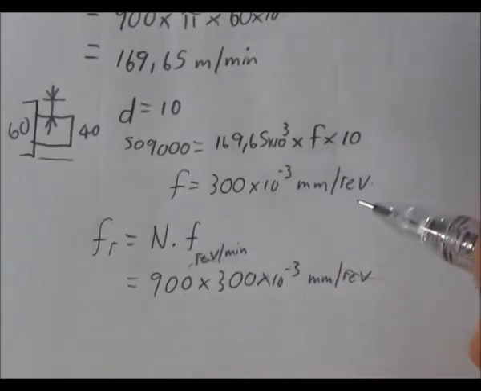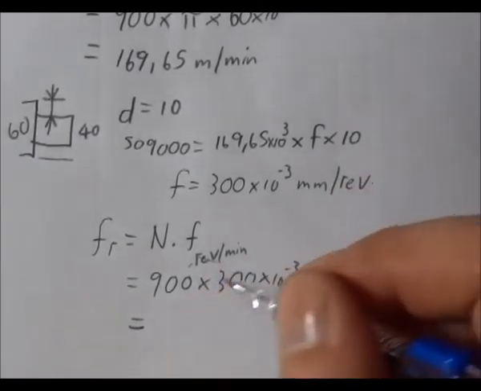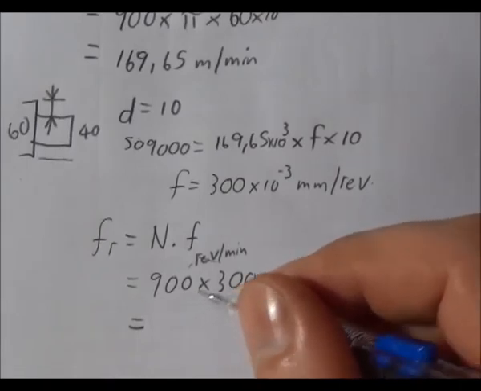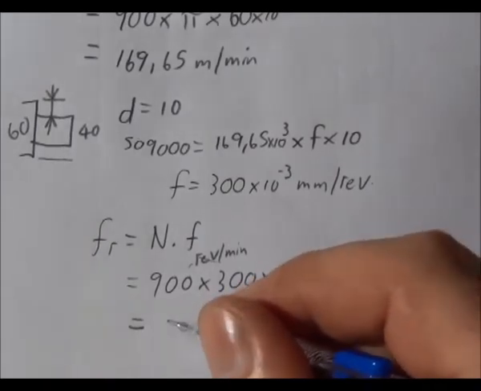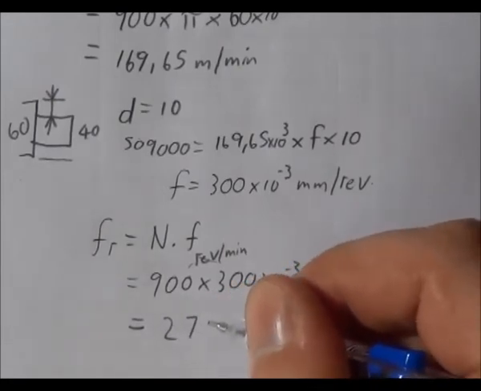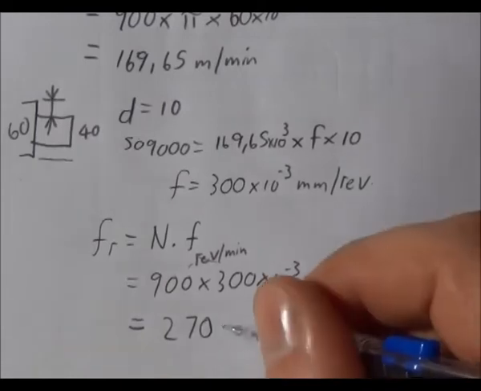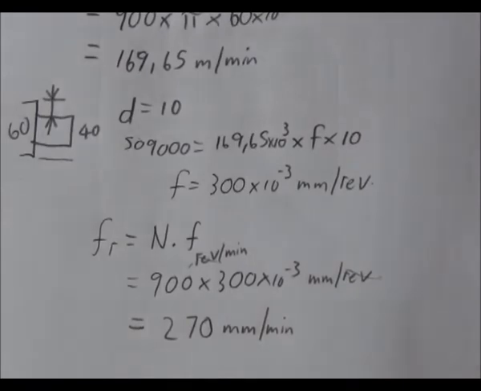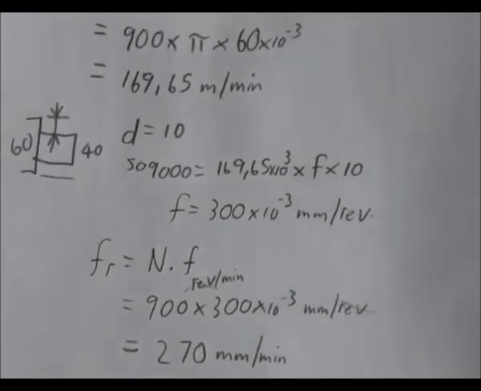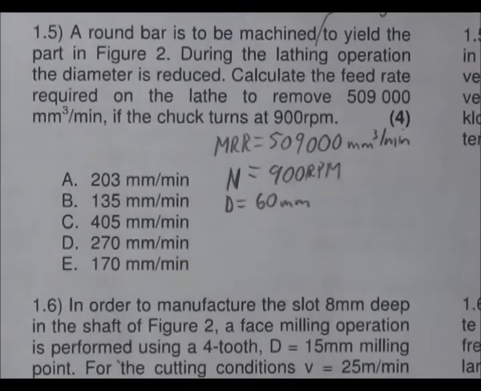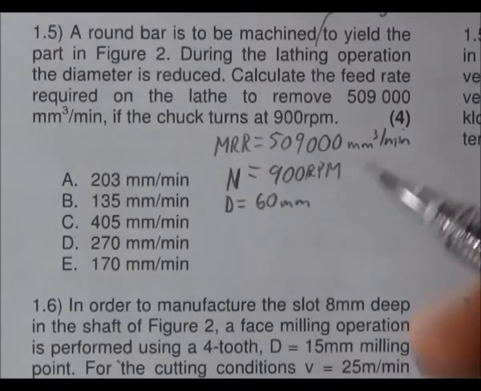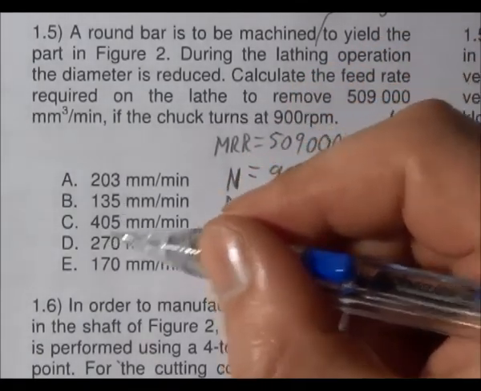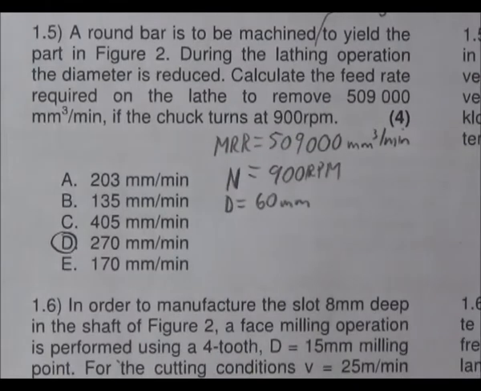So the revolutions cancel out, then we just have distance per minute, which is 270 millimeters per minute. Okay, let's have a look at our options. The options we have available is 203, 135, 405, 270. Good, so 1.5 answer is D.